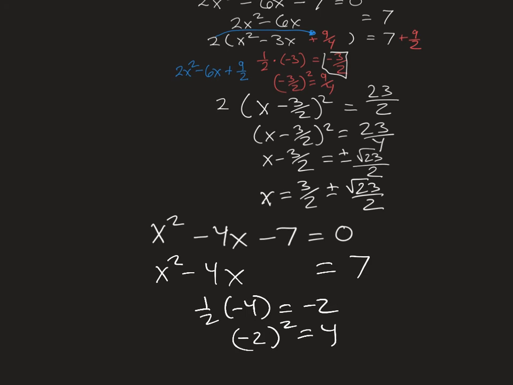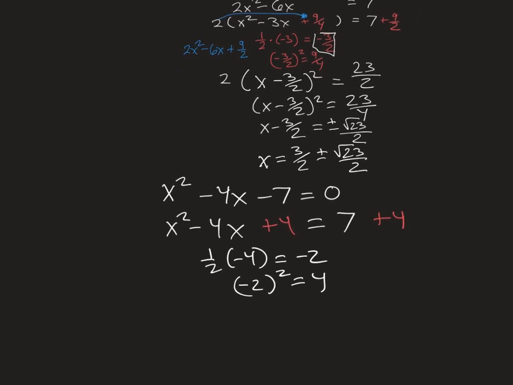So I'm going to add that to both sides. Remember, I don't want to change it, I'm just manipulating it. And so now on the left, I can write x squared minus 4x factors to a perfect square, x minus 2 squared. Again, notice it was plus whatever half the linear coefficient was, equals 11.